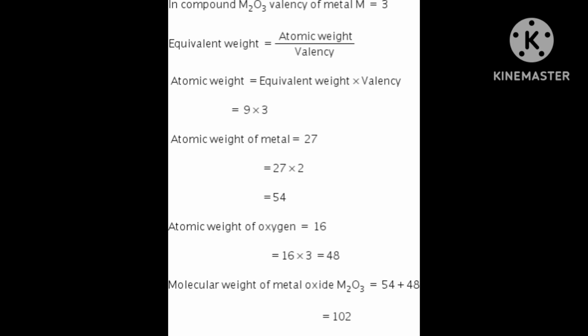Now here again 4 things are there. Out of the 4, 3 you are knowing, the 4th one you can calculate.